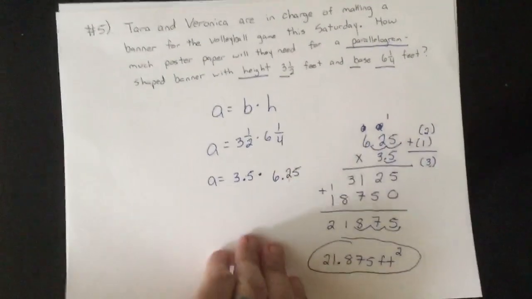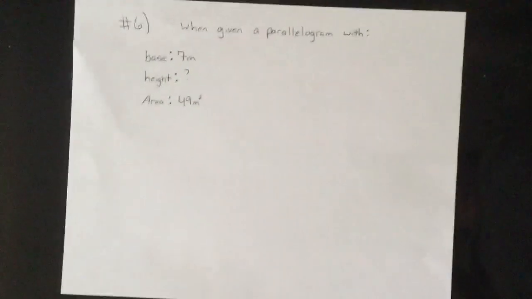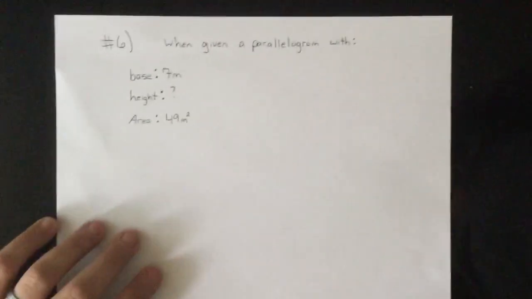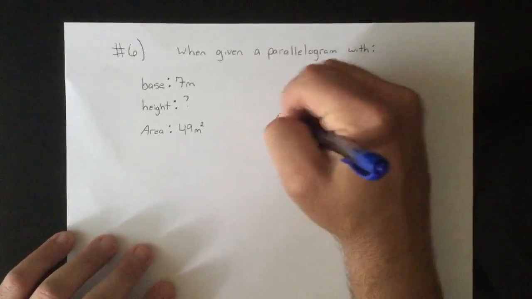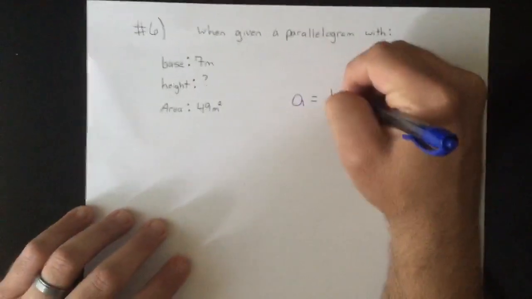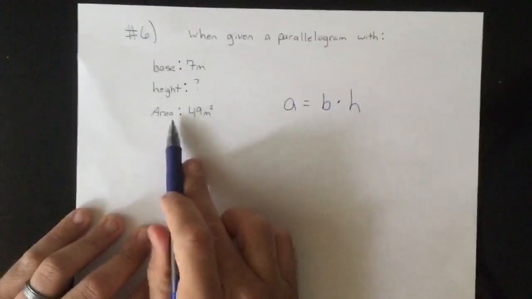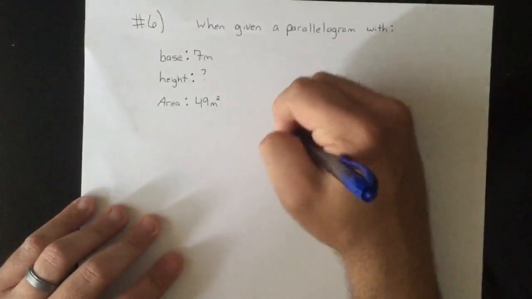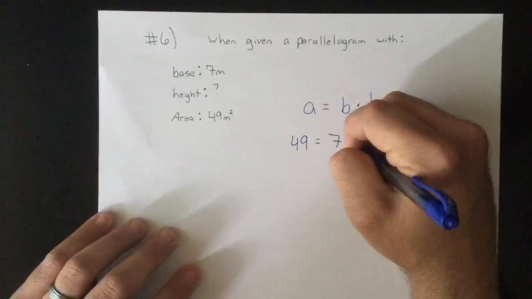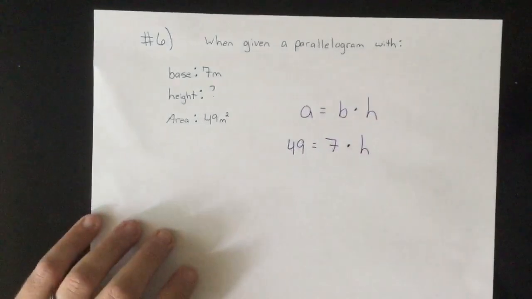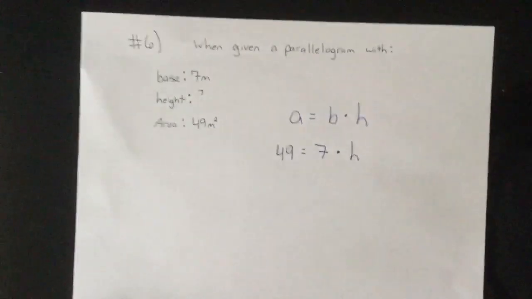All right, on to the last one. When given a parallelogram with a base, an unknown height, and an area. So start by writing the formula. Well, let's plug it in. It gives me an area of 49. My base is 7. My height is unknown. Well, guys, think about it.